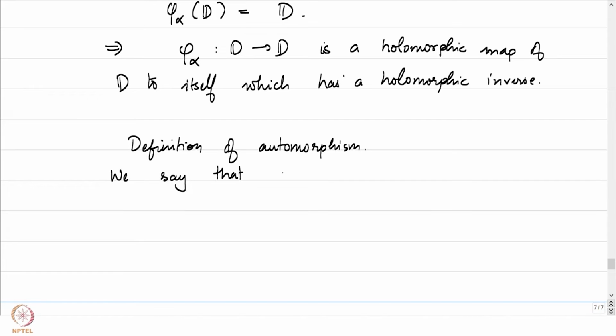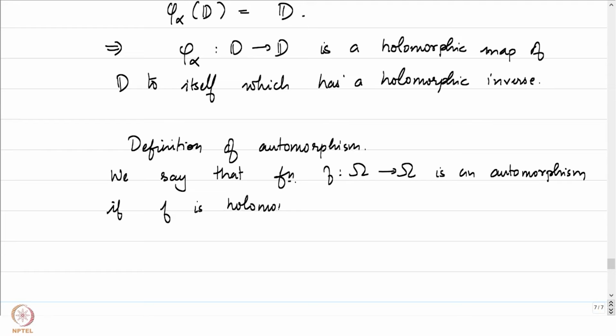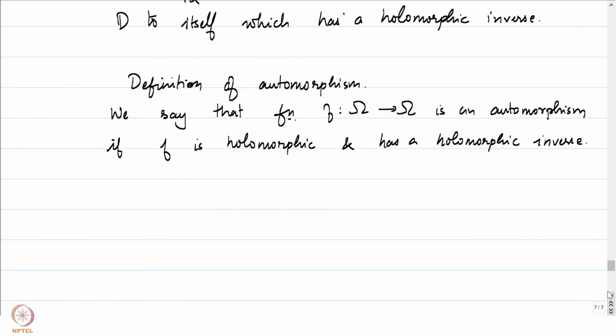We say that a function f from omega to itself is an automorphism if f is holomorphic and has a holomorphic inverse. So in particular, it's going to be bijective as well, and the inverse is also demanded to be a holomorphic function. And if that happens, then our function f is said to be an automorphism or a biholomorphism onto itself.